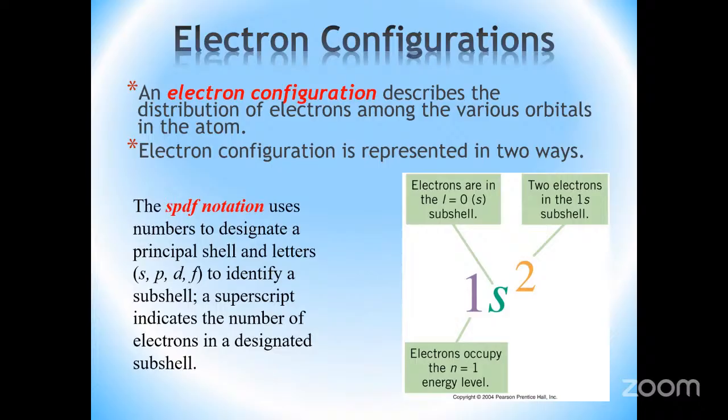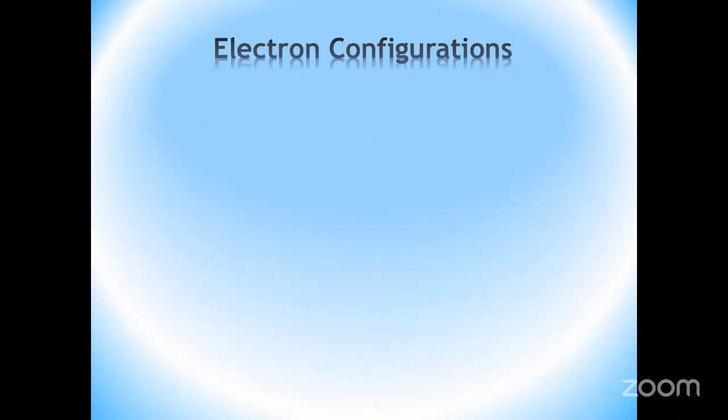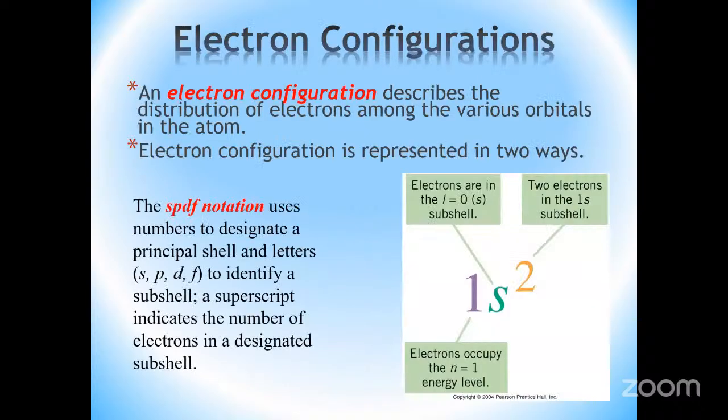So if you see something like this, 1s2, 2s2, 2p6, that basically represents how the electrons are distributed in the case of the element neon.